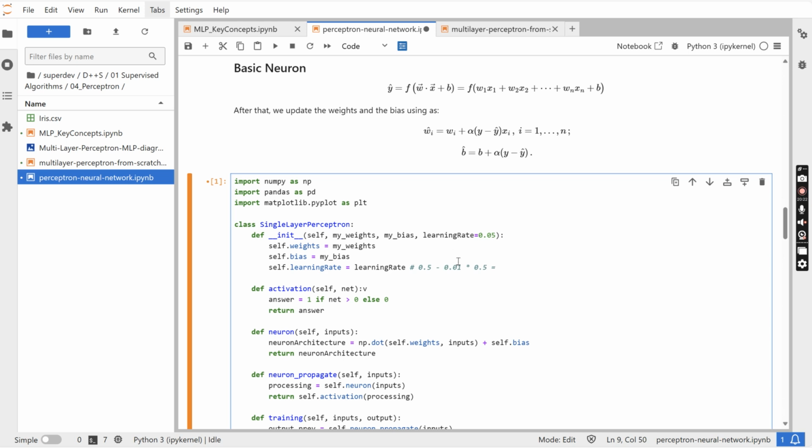From there you multiply this learning rate with the weight, so that you can reduce this entire value by a small little bit. From 0.5, if you reduce 0.005, you will get 0.495, if I am correct.